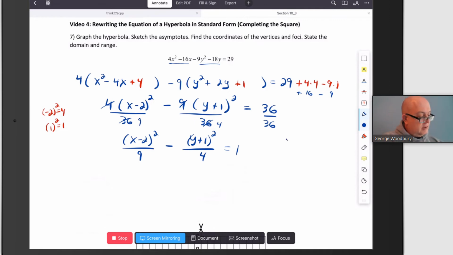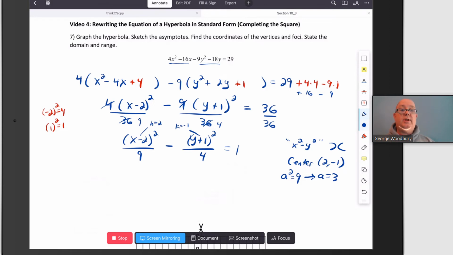First, I've got x squared minus y squared. That means that it opens left and right. The center is (2, negative 1), because h equals 2 and k equals negative 1. a squared equals 9, so a equals 3.